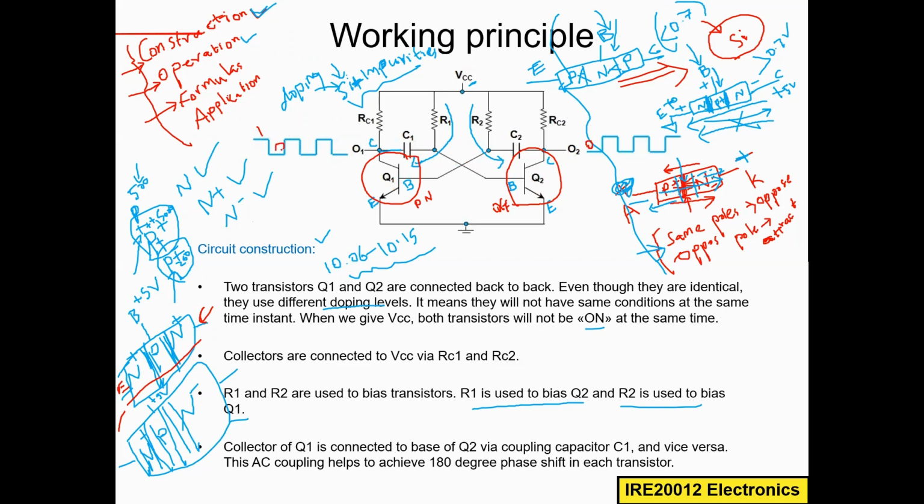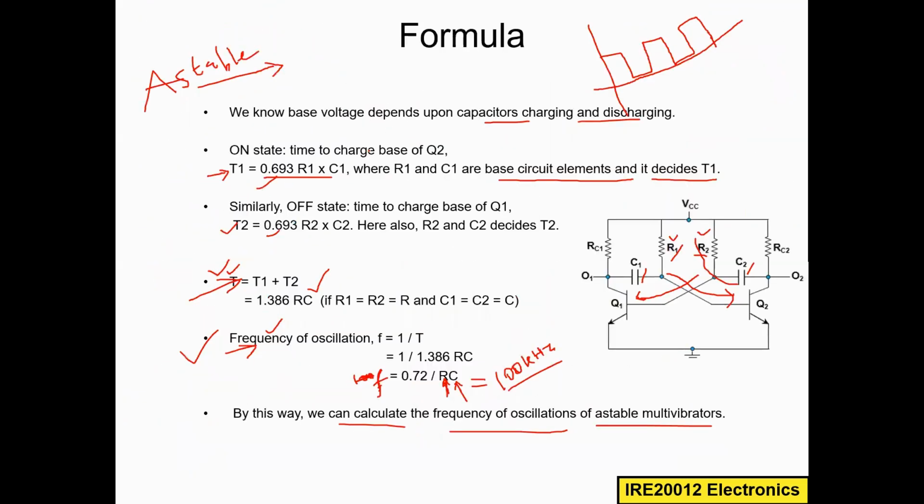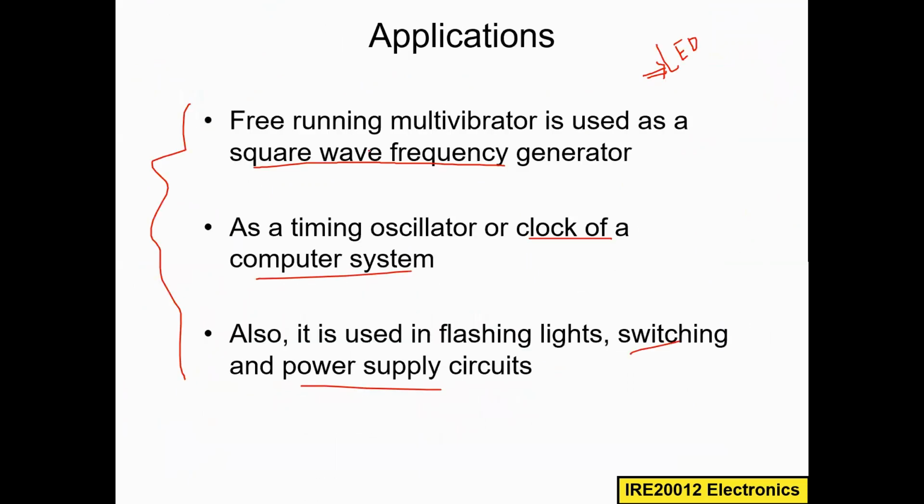So it is automatically changing the state, from state 1, logic 1, to state 2, logic 0. It's changing the output automatically. That is why we call this an astable multivibrator. The formulas are very simple. Try to remember them, and you can solve the problem. You will remember the formula if you use it. And these are some applications.